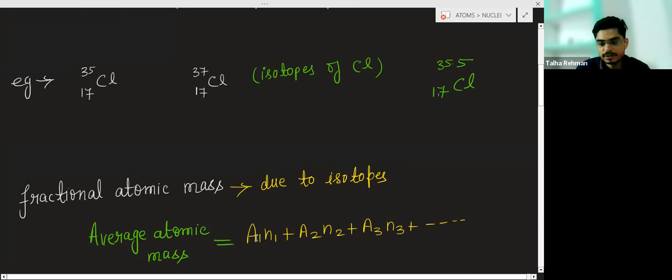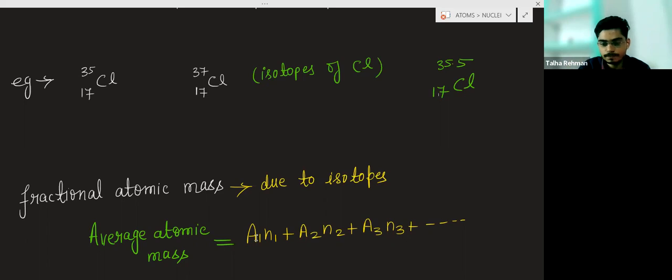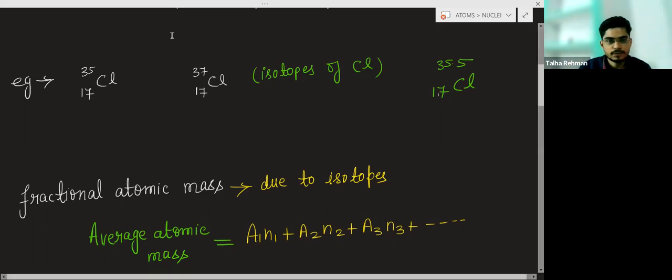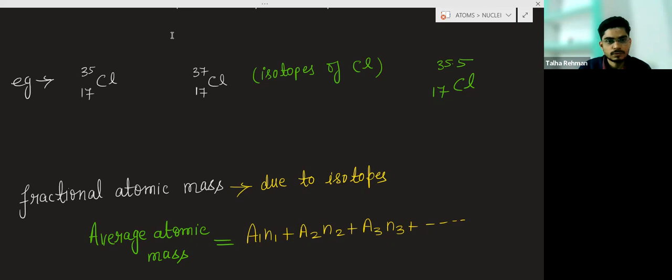Now what is A1? A1 is the atomic mass of the first isotope. A2 is the atomic mass of the second isotope. If there are three isotopes, then A3 is the atomic mass of the third isotope. What are N1, N2 and N3?